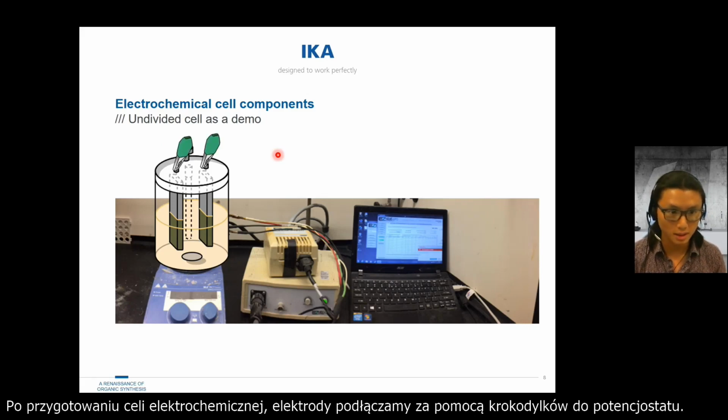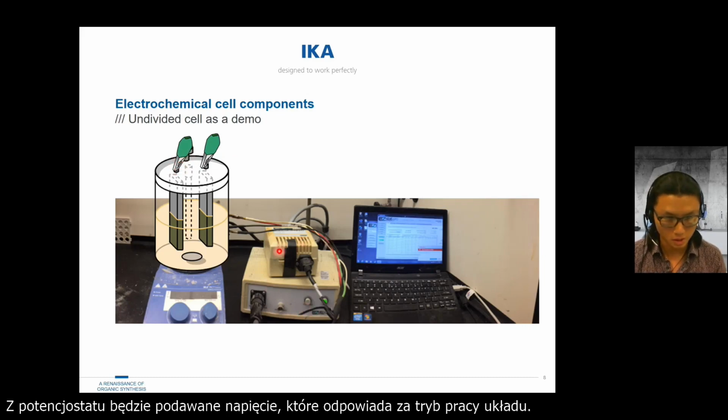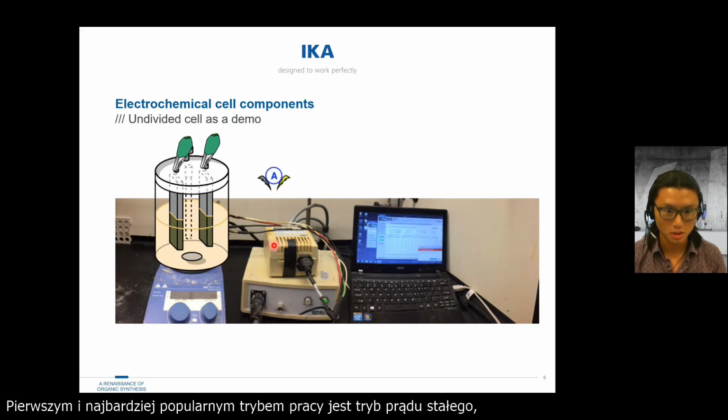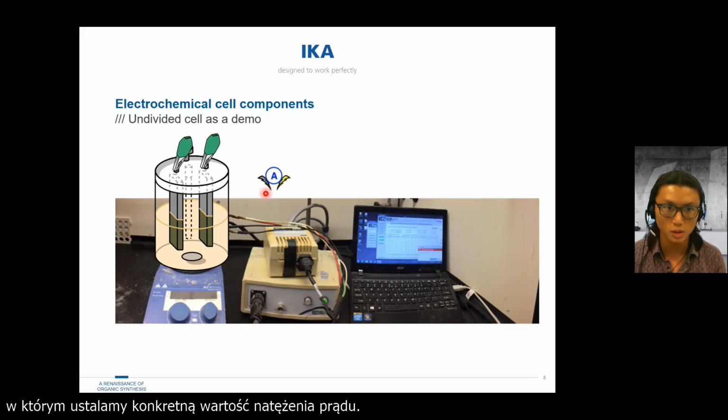After assembling the electrochemical cell, you can hook a pair of alligator clamps to the potentiostat. And the potentiostat provides different types of power supply, which is also the reaction mode. So the most common reaction mode is constant current, where you define a certain current value.